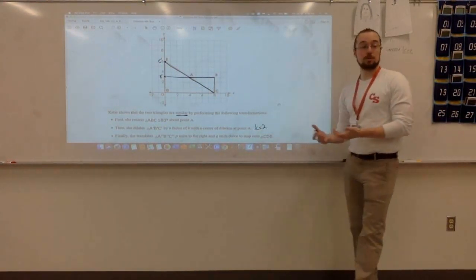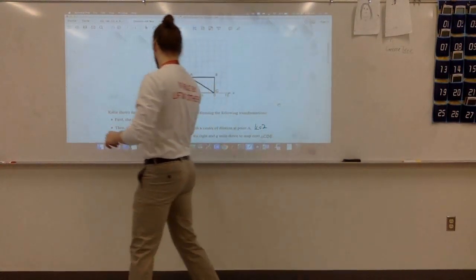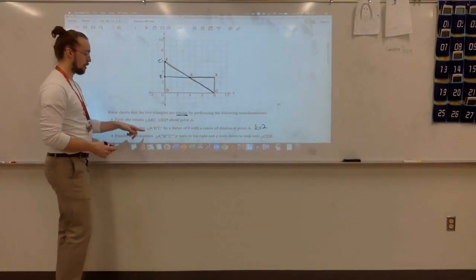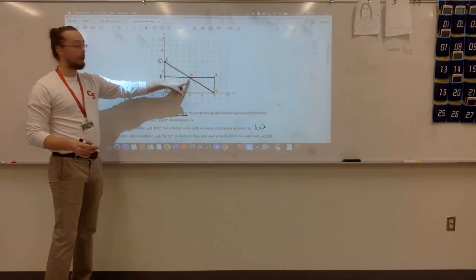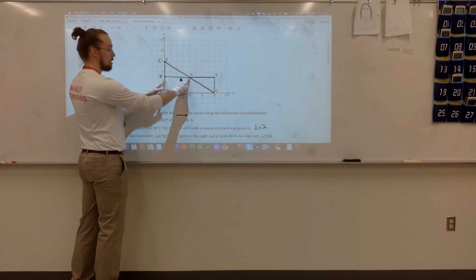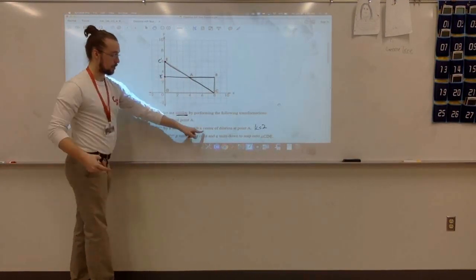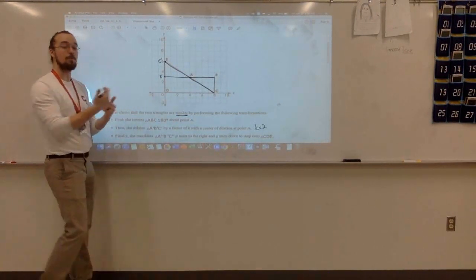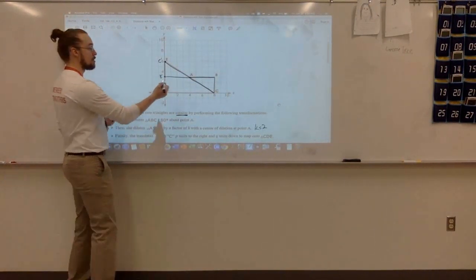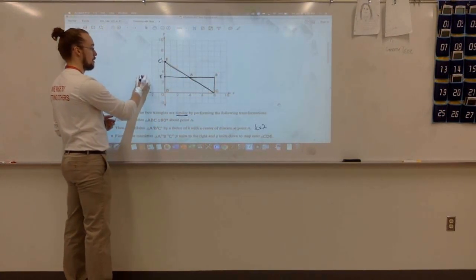So let's actually do that dilation now. It's saying we're dilating A prime, B prime, C prime with a center at A. I can see from A to B prime, that's a distance of 1, 2, 3, 4. If I'm using a scale factor of 2, I'm just going to double that distance, so I'm going to go a distance of 1, 2, 3, 4, 5, 6, 7, 8.